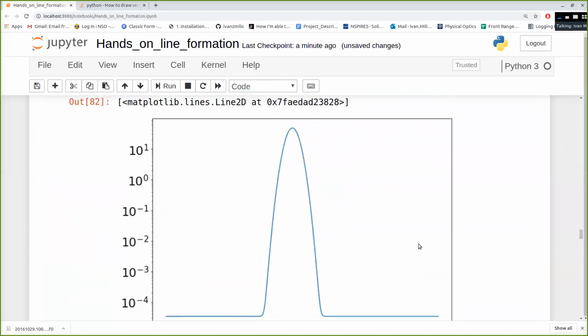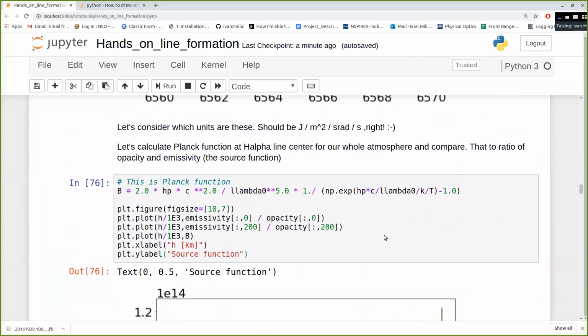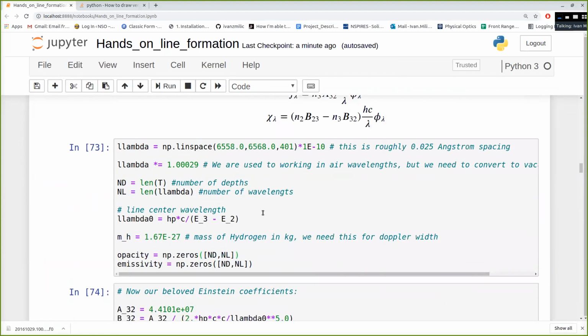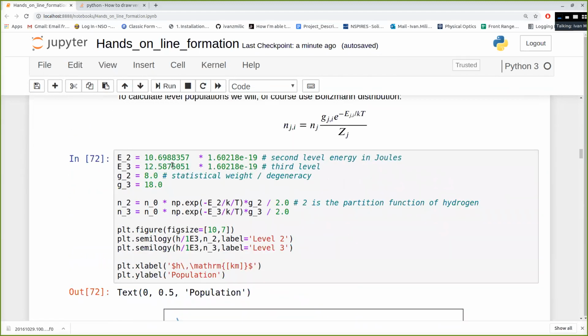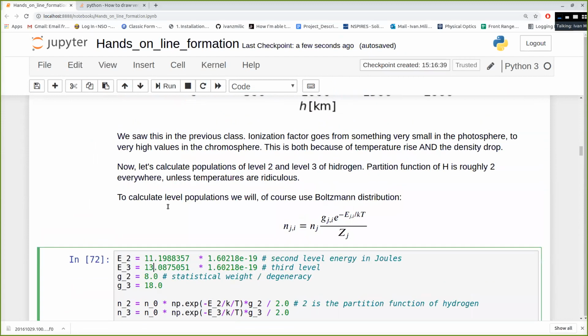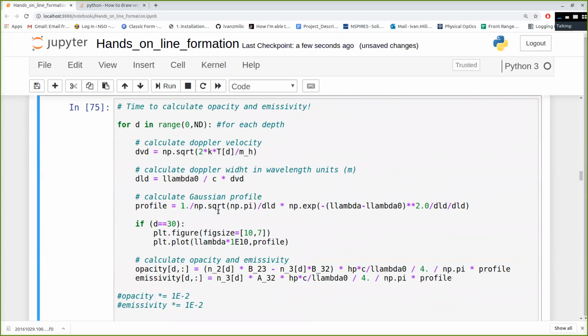But you see where I'm aiming at, right? In principle, the energy of a level determines how populated that level will be. So let me see if I can get this. 1, 0, 0.